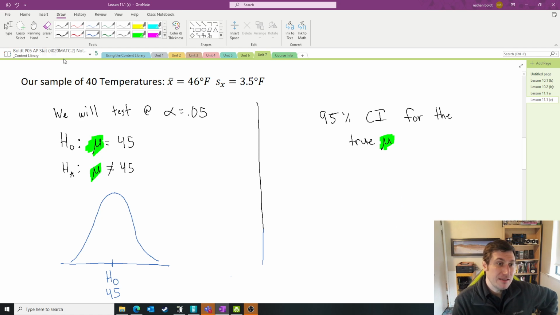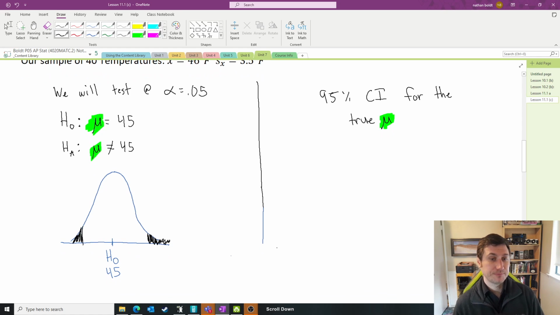And then samples that are much, much bigger than this, and samples that are much, much smaller than this, will both give us evidence against the null hypothesis, the 45.